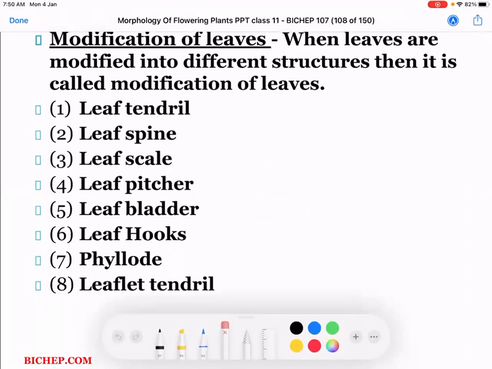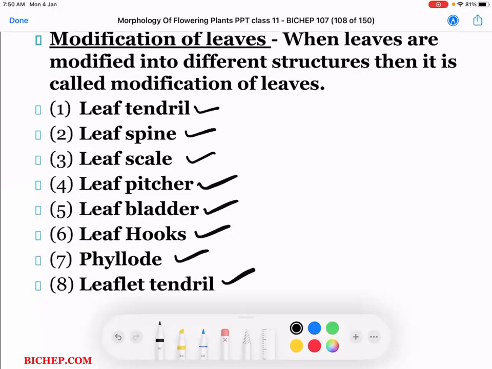It is a very special adaptation. For example, first is tendril, second is spine, third is scale, pitcher, bladder, hook, phyllode, and tendril.